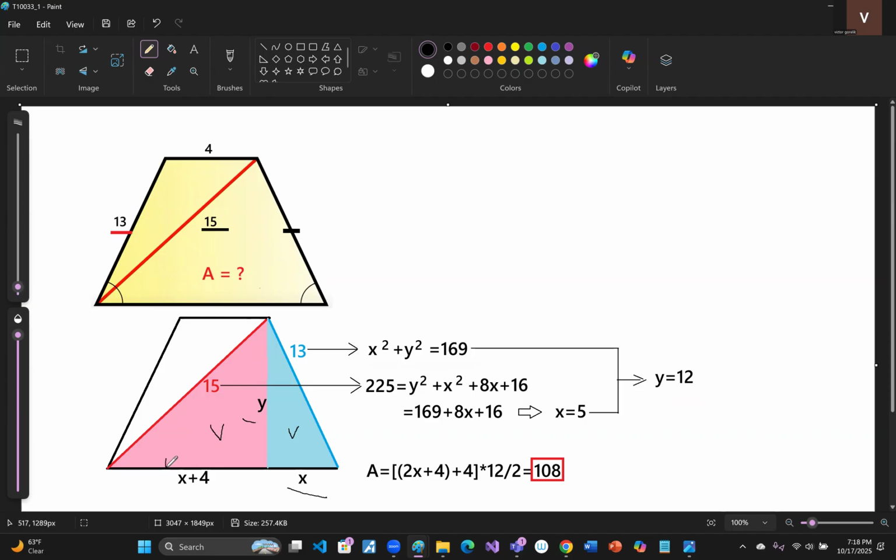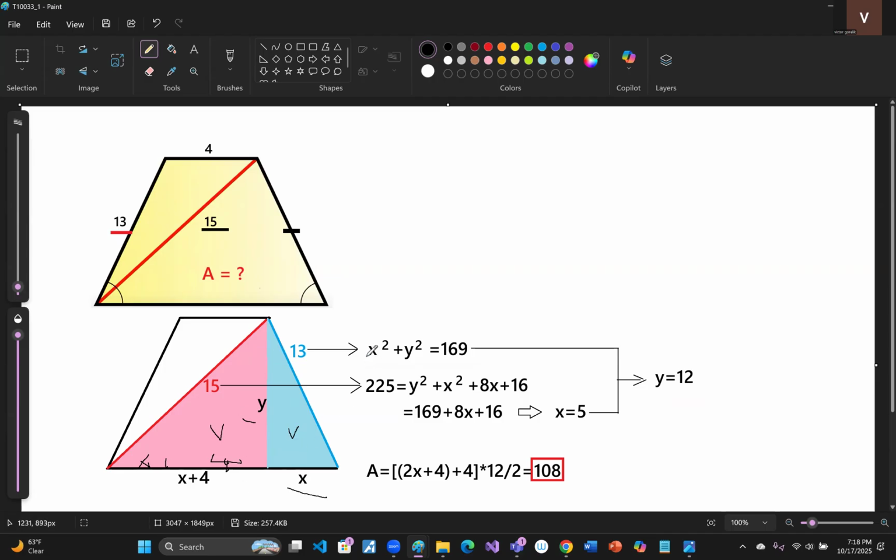Then the lengths of the legs of the pink triangle are y and x plus 4. Let's apply the Pythagorean theorem twice, first to the blue triangle and then to the pink one.